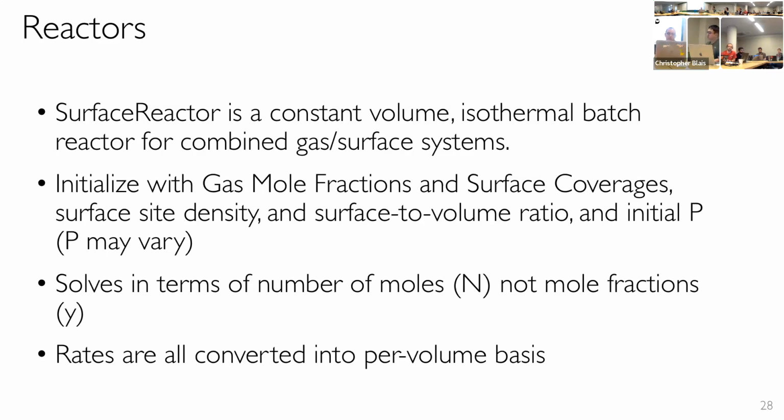And everything from then on might be a little less significant, such as H abstractions on the surface and stuff like that. So it's important to keep in mind. It solves in terms of the number of moles, and then rates are all converted into a per volume basis.